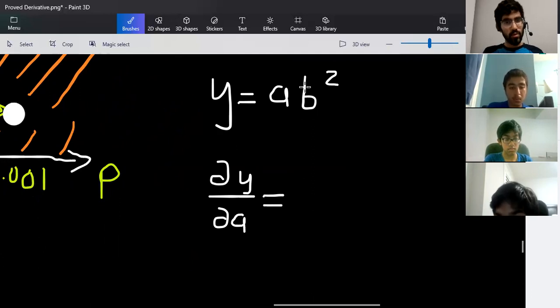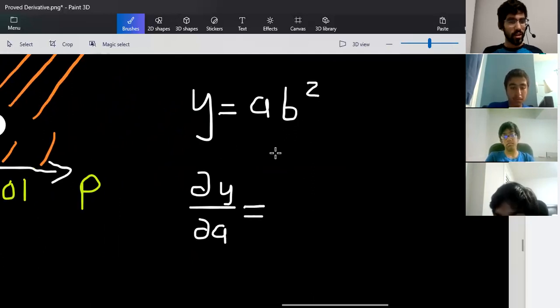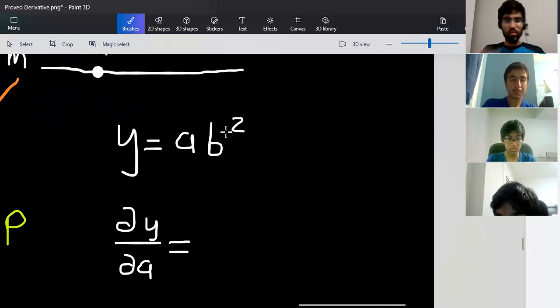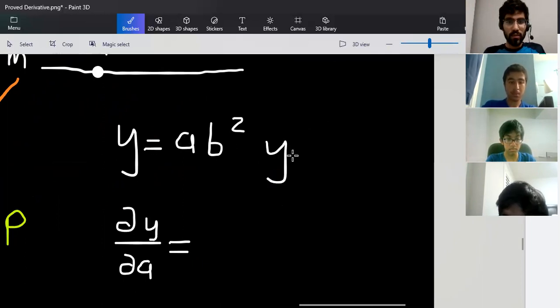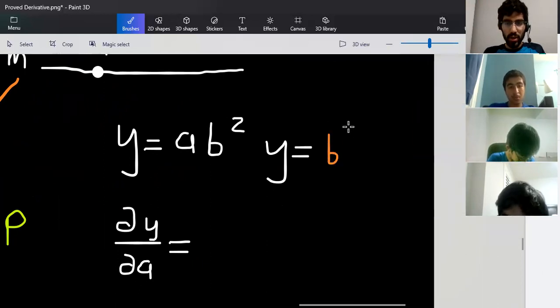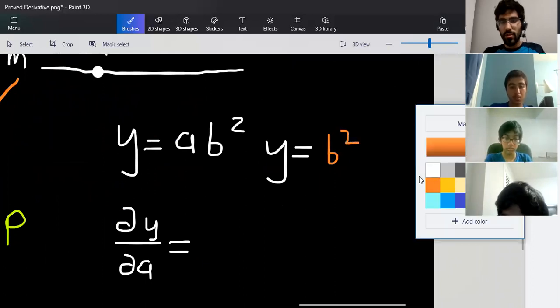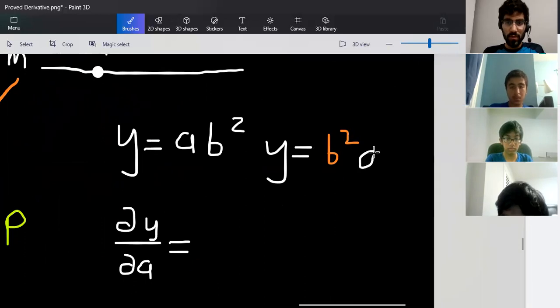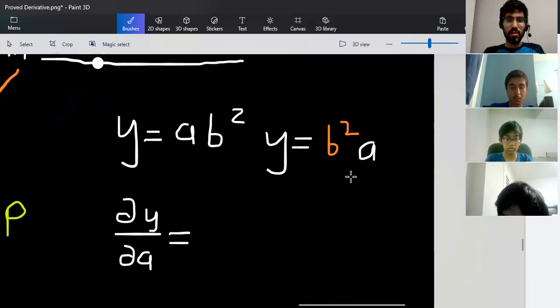To do that, we have to assume b squared is a constant. Imagine b was equal to 2, so it would be 2 squared equals 4. So I'm going to rewrite it like that. Let me make b squared a constant, which is why I'm putting it out front. We're treating it like a coefficient, just like a real number like 4. So y is equal to b squared times a.